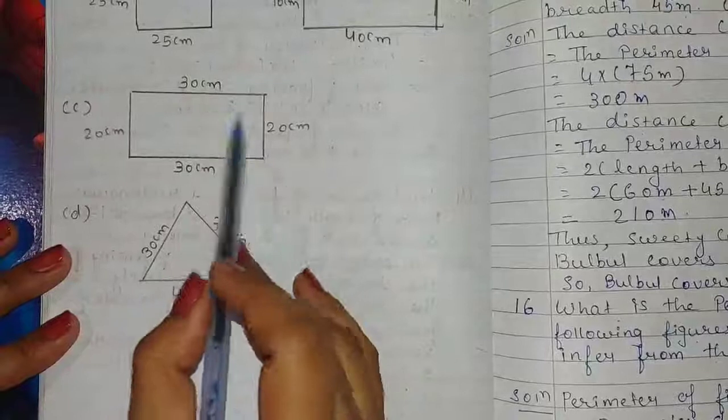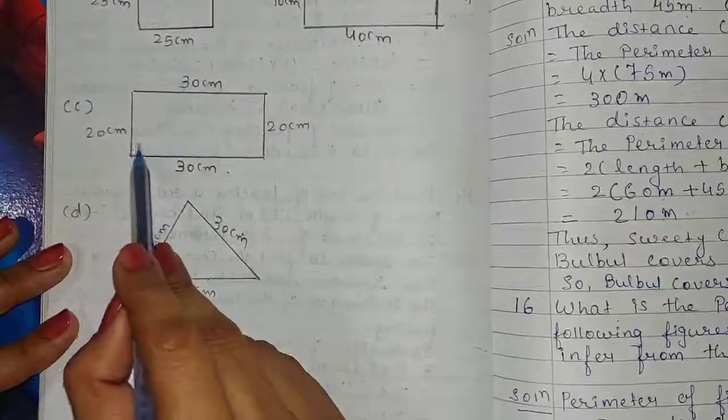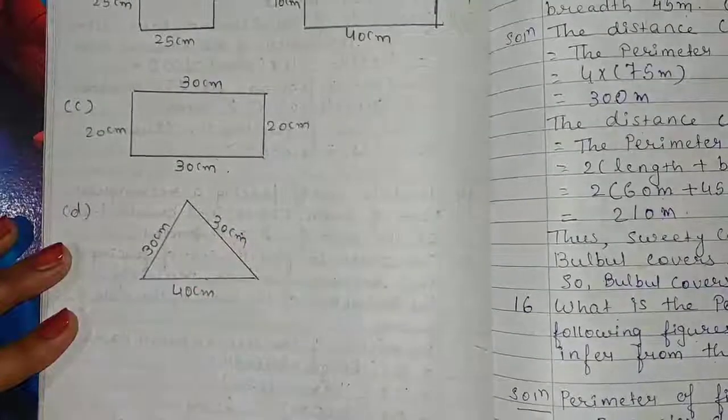Now in figure C also, students, we can see the length is 30 centimeter and the breadth is 20 centimeter. Let us find the perimeter of this figure.